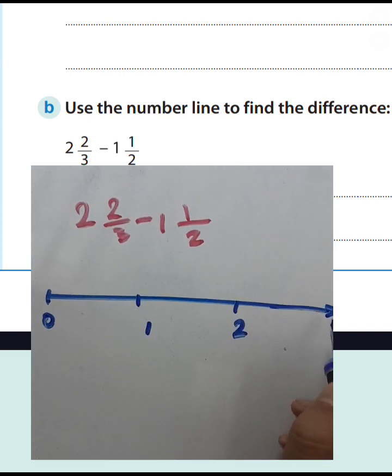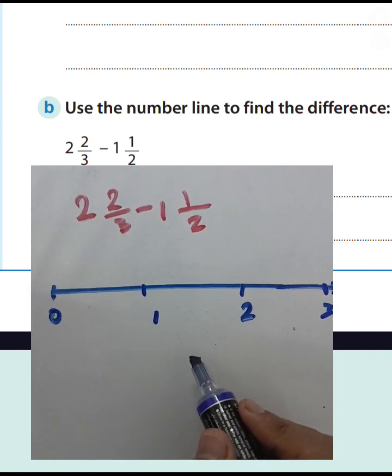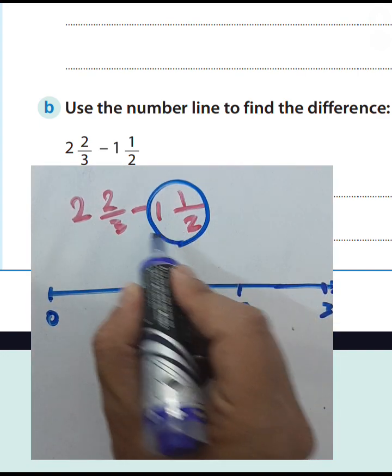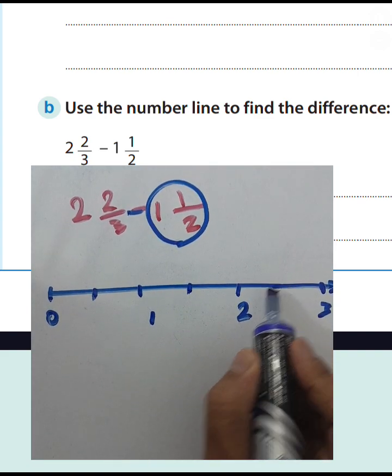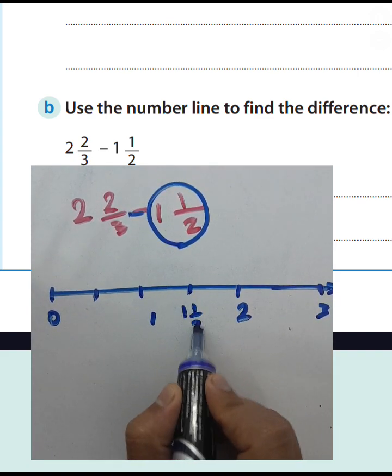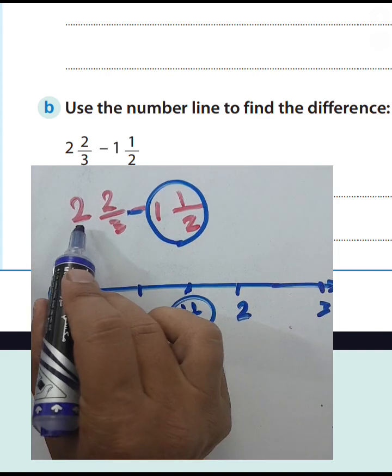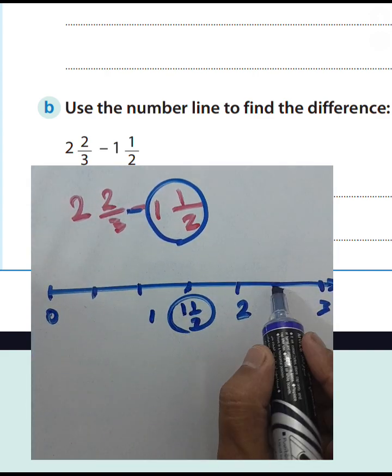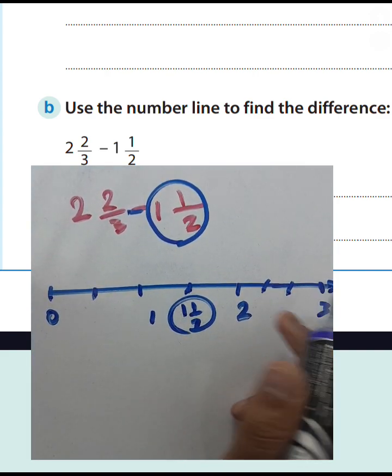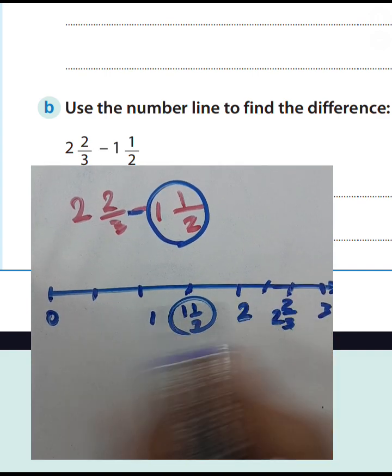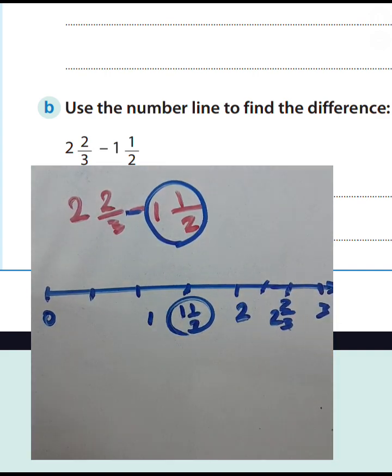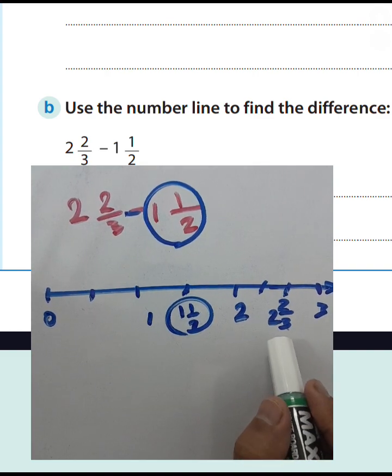First we will put 1.5. It's 1.5 here. And going to 2 and 2/3, we must divide this place into 3 parts. Then we have here 2 and 2/3, and then we must count from 1.5 to 2 and 2/3.